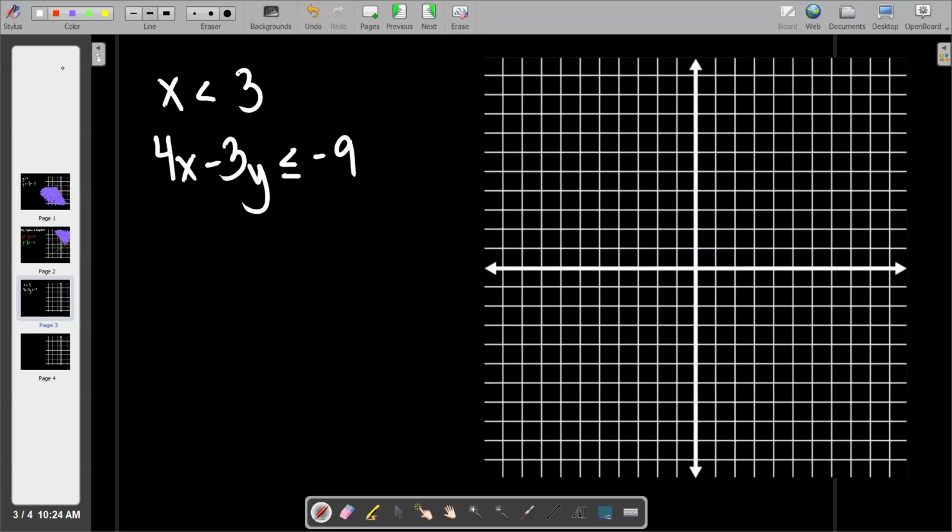And of course, the mission for the 988th time this year is to get y by itself. So how are we going to start getting y by itself? We're going to move the 4x.